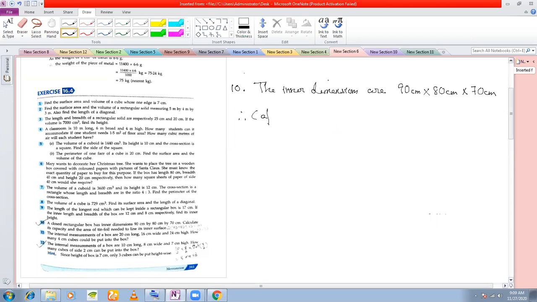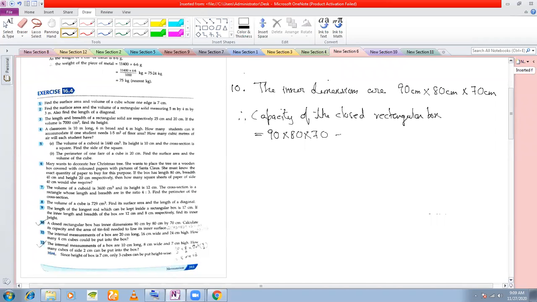Therefore, the capacity of the closed rectangular box is length into breadth into height. 90 into 80 into 70. Okay.